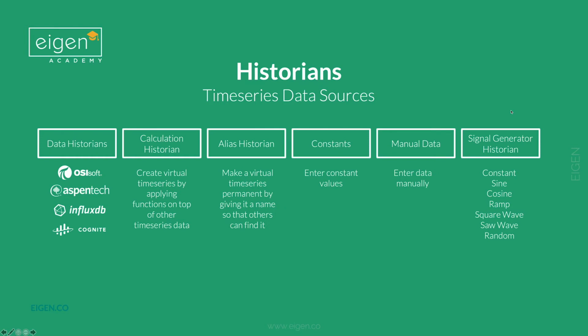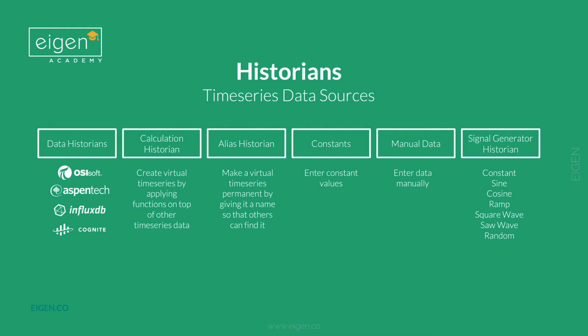In Ingenuity, we have the following 6 historians. We have enterprise historians. Each one of these will have their own driver, such as OSIsoft PI, Aspentech IP21, InfluxDB, Cognite CDF. We have a calculation historian, which allows you to create virtual time series by applying functions on top of other time series data.